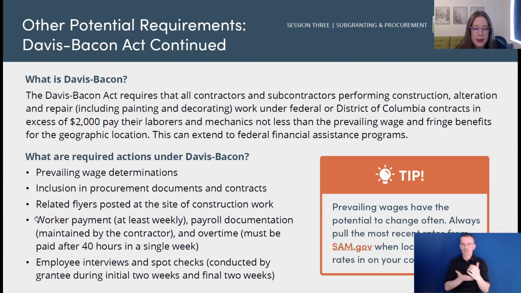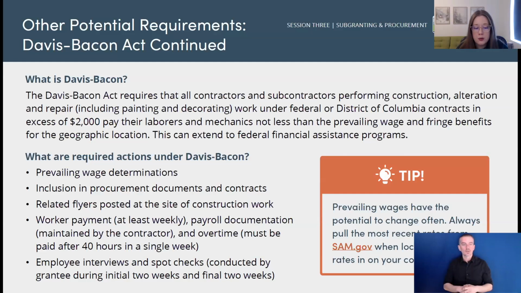Again, worker payment at least weekly. You have to provide payroll documentation, and this is maintained by the contractor. So again, there's a lot of trust with your contractor. Overtime must be paid if somebody's working over 40 hours in a single week.